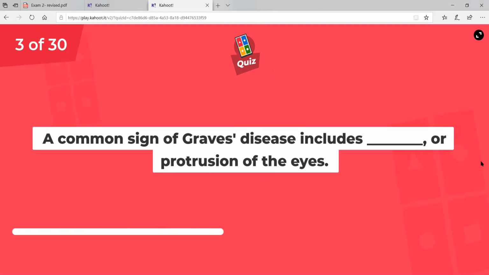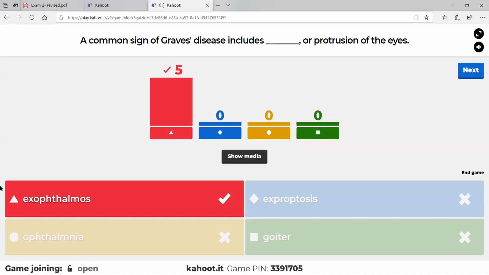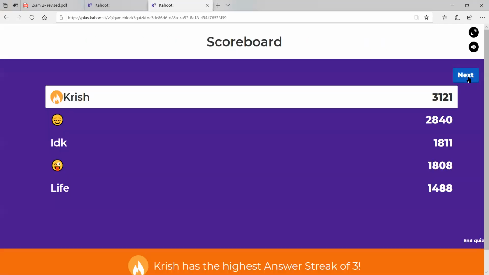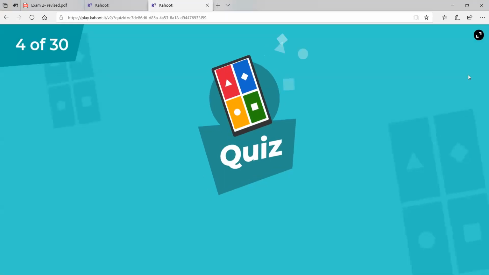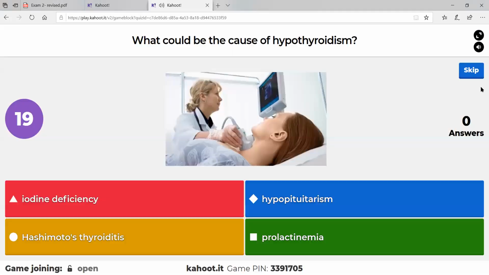A common sign of Graves' disease includes blank or protrusion of the eyes. There it is. So that's how you spell it, Gloria. Exophthalmos, yep. What could be the cause of hypothyroidism?